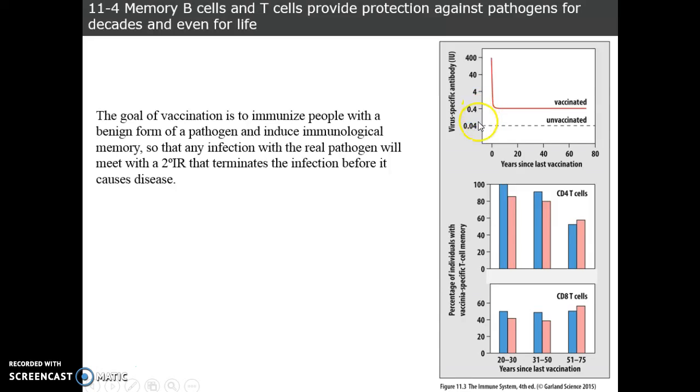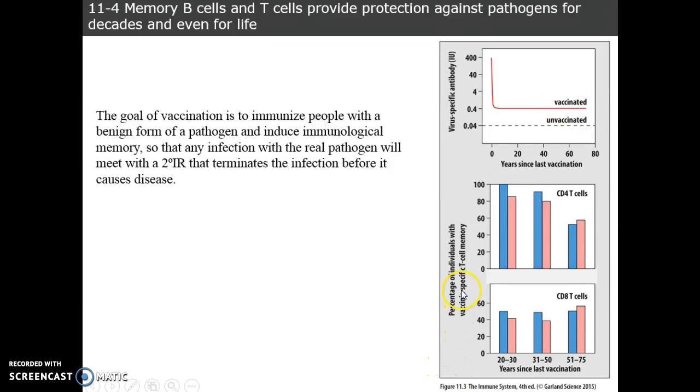And this is log scale, so here you have 0.4 for the vaccinated person. This amount is tenfold higher, a lot higher in terms of what this small amount of antibody can do for protecting a person. And this is years since last vaccination, even almost 80 years, there's still some measurable amount of antibody.